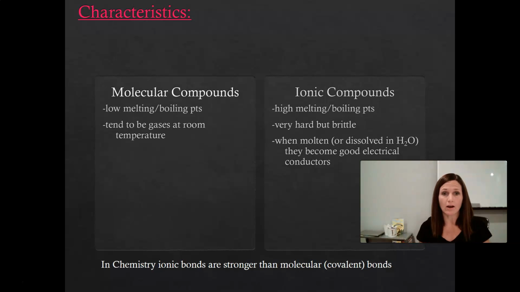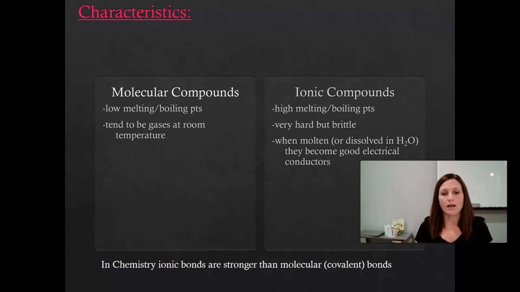And so ionic compounds have high melting and boiling points because of the formula unit crystal lattice situation, where each of the formula units is bonded to the next formula unit as well, which holds them together even stronger than any of the intermolecular forces that we see in covalent molecules.